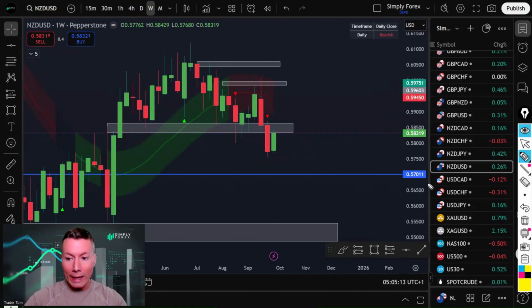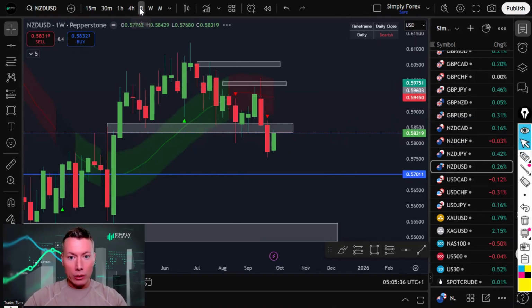I know we have a bullish candle this week, but it's an inside candle. It's inside this candle, and that suggests that sellers are still in control. What you'll normally get is this high will be taken out, price will close back into it, and then price will look to come lower. And that's exactly what we plan to do with this trade.